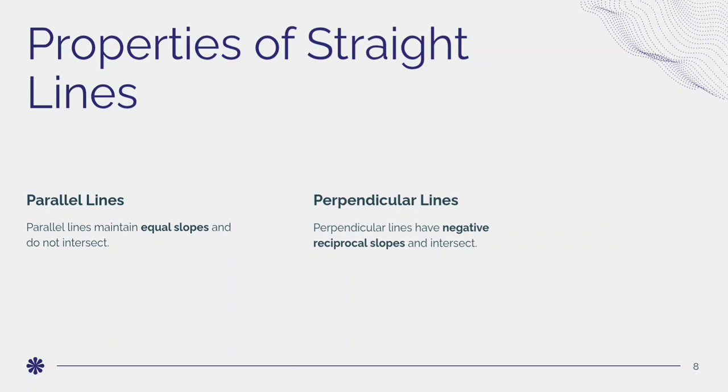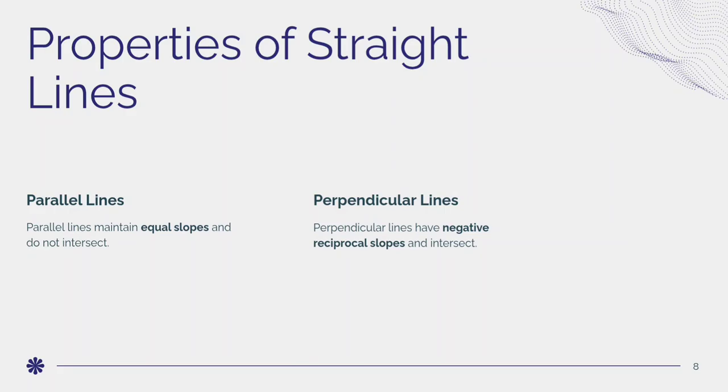Here we explain the properties of straight lines in very short words. Key points highly recommended here: parallel lines and perpendicular lines. Parallel lines maintain equal slopes and do not intersect. Listen carefully.